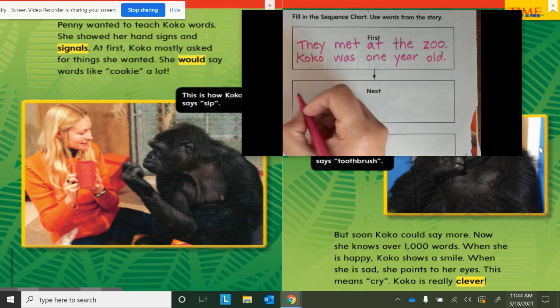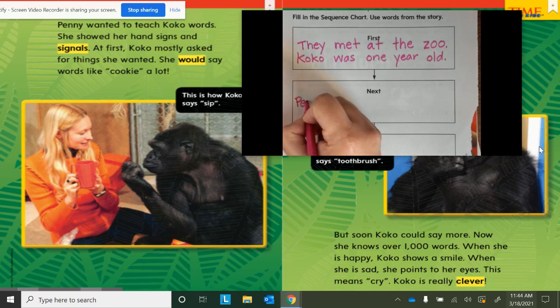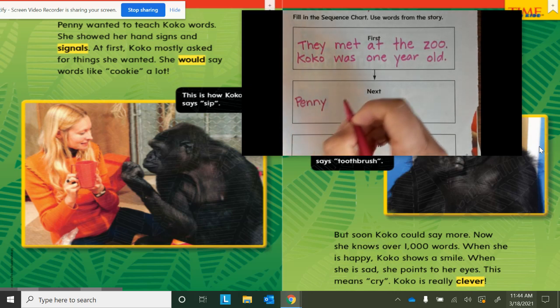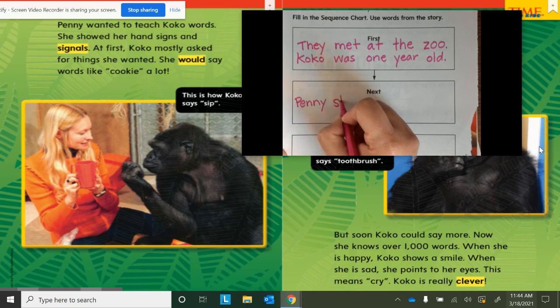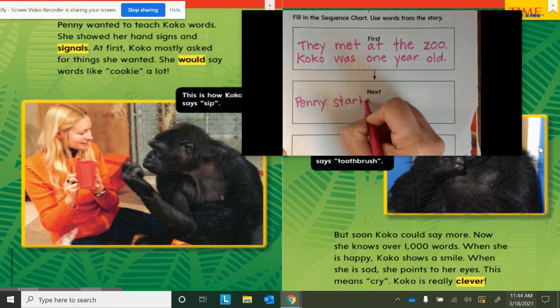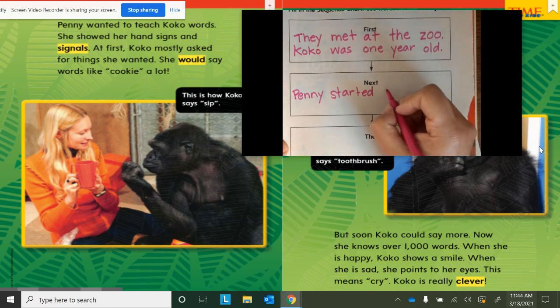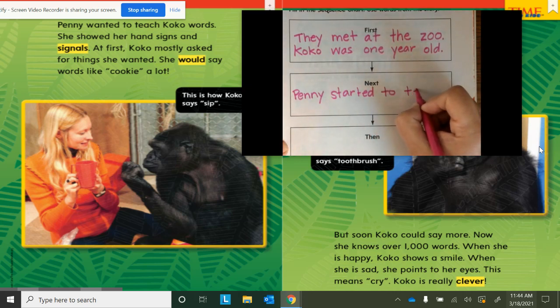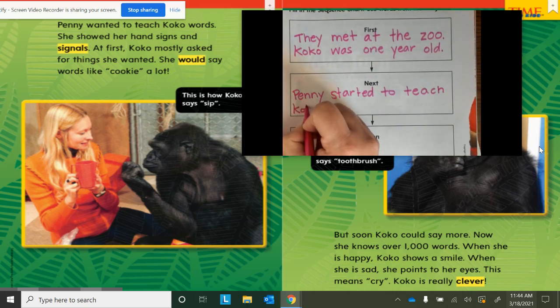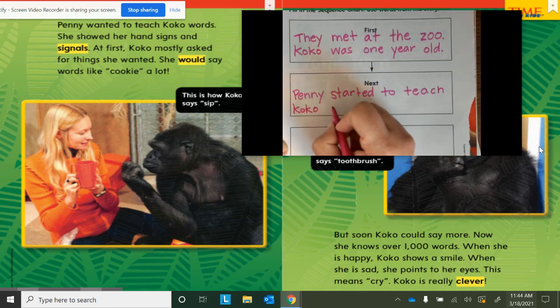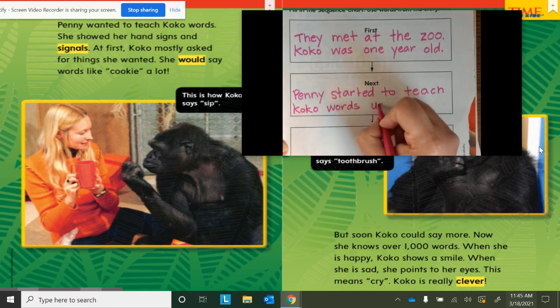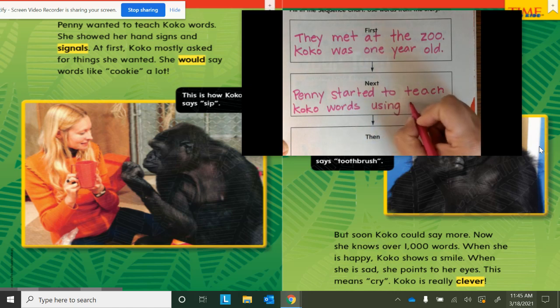So we are going to write Penny, capital P, Penny started. Write that down. Penny started to teach Koko words using hand signs.